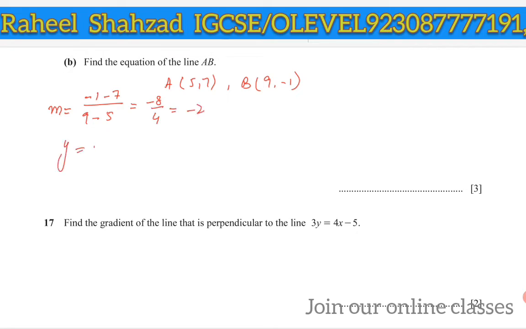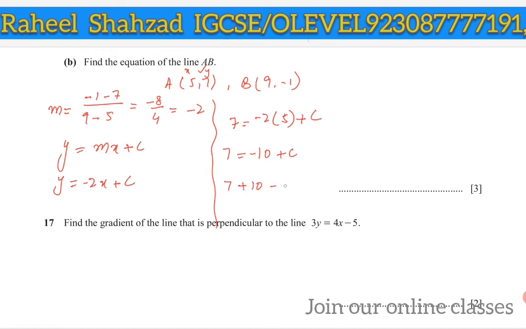So y equals mx plus c is the equation of a straight line. Now y equals -2x plus c. In order to find the value of c, I'm going to substitute any point. So let's put point A. So when we put it in, y is 7, equal to -2 into 5 plus c. So 7 is equal to -10 plus c.